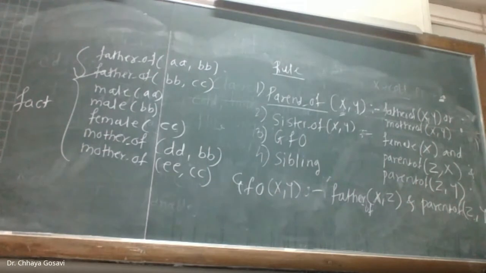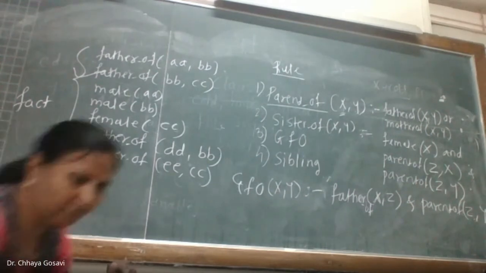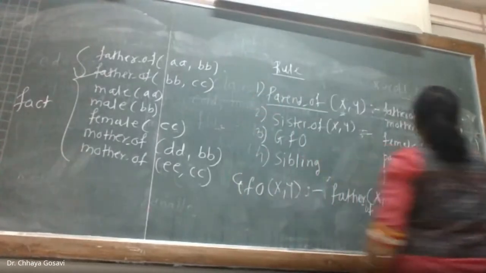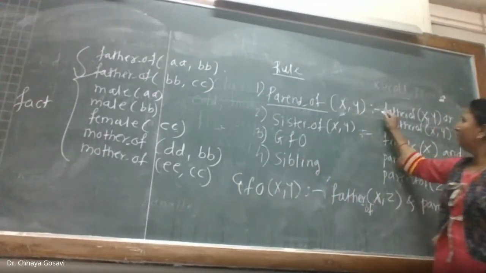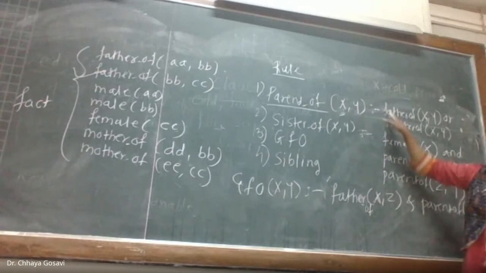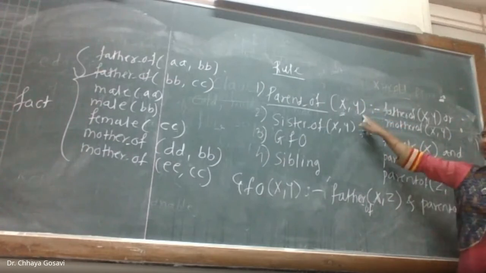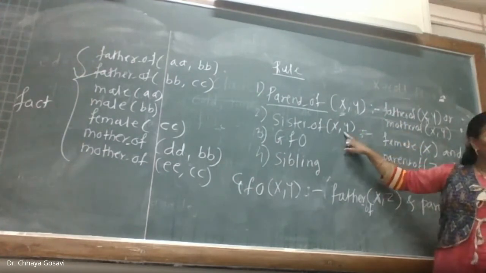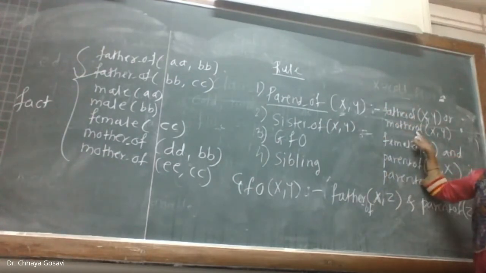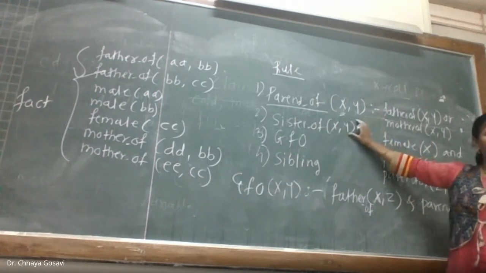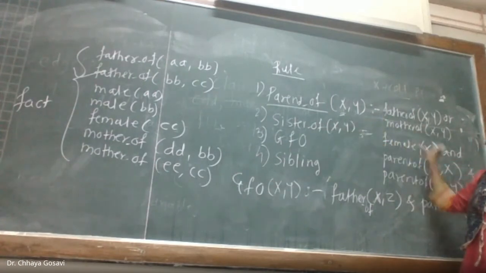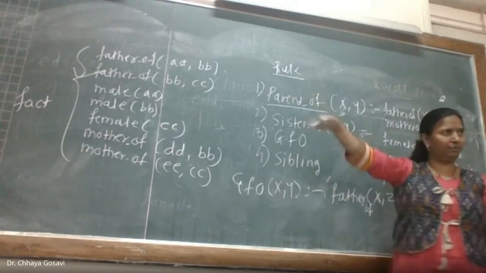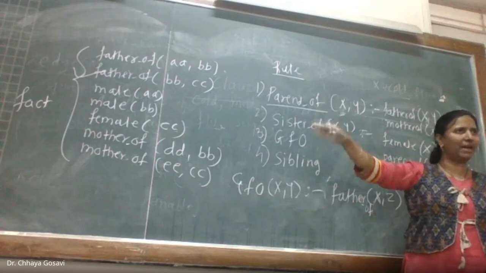So here, just note down what we have done, you might have missed it. For this rule, to define parent of, we just use facts. But to define this rule, we use another rule. To define sister of, we use fact as well as another rule. So as I said in the first diagram, a rule can be rule and fact.